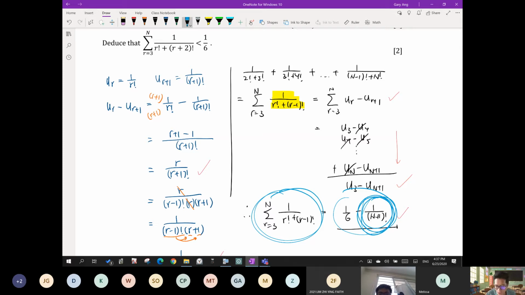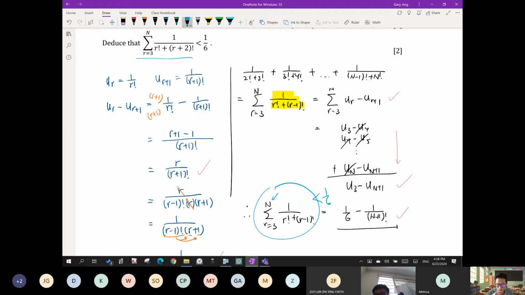So 1/6 minus some number is definitely less than 1/6, and that logic is correct too. Which means whatever this sum may be, whatever the big N may be, it is always less than 1/6. That's true. But that's not the question.